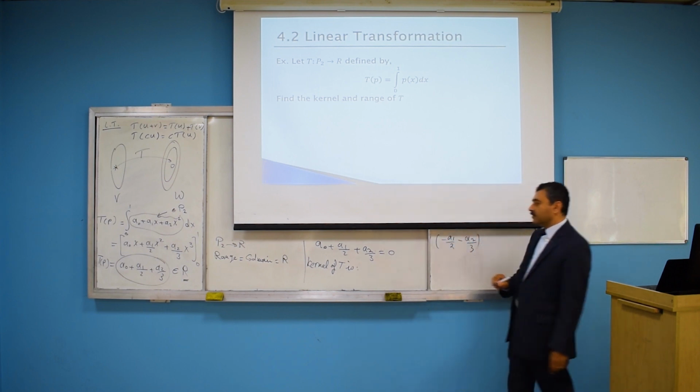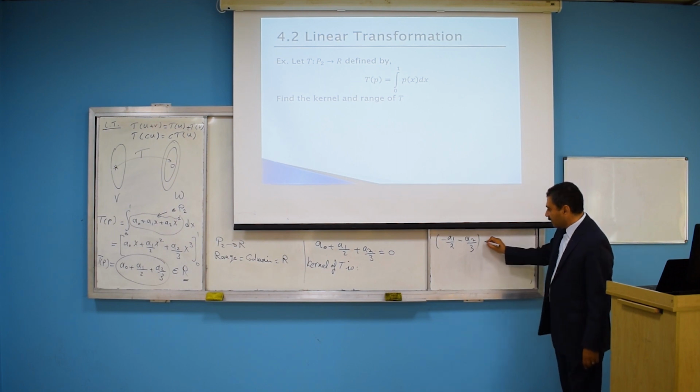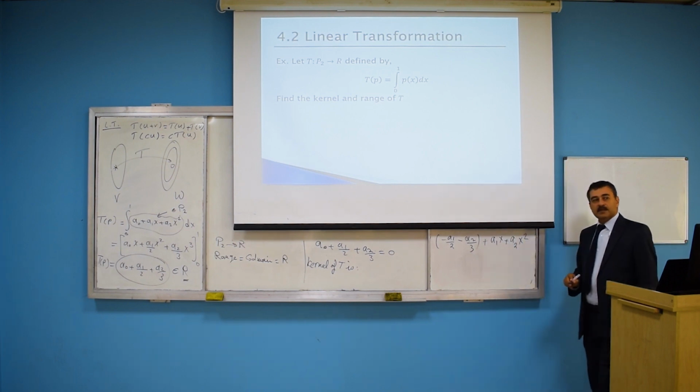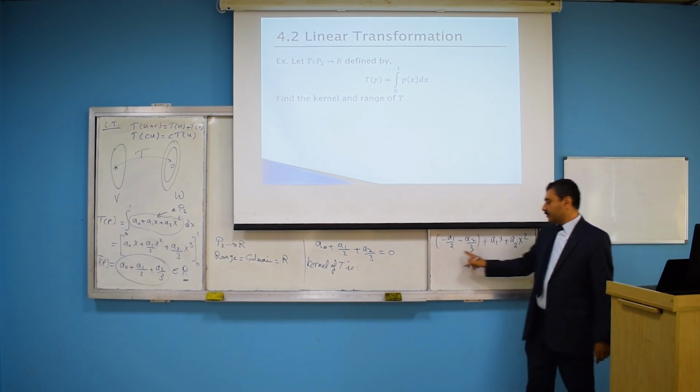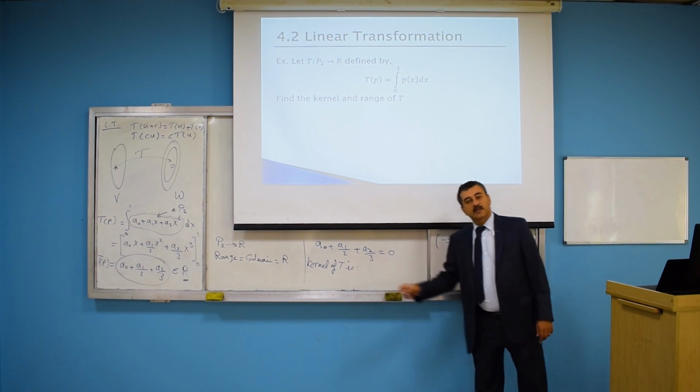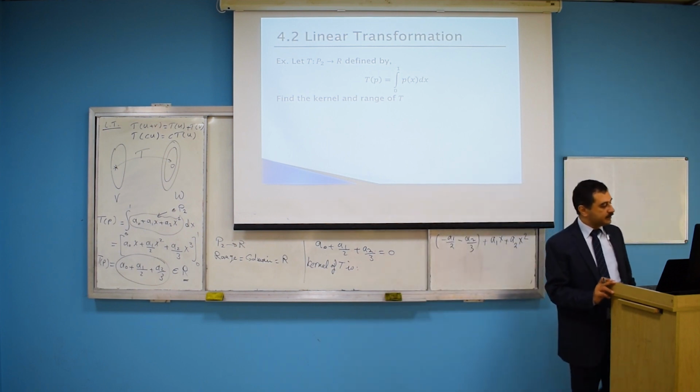This would be a0 of the polynomial, and then you'll get a1x plus a2x squared. So any polynomial in this form would satisfy this equation and would be in the kernel of the transformation.